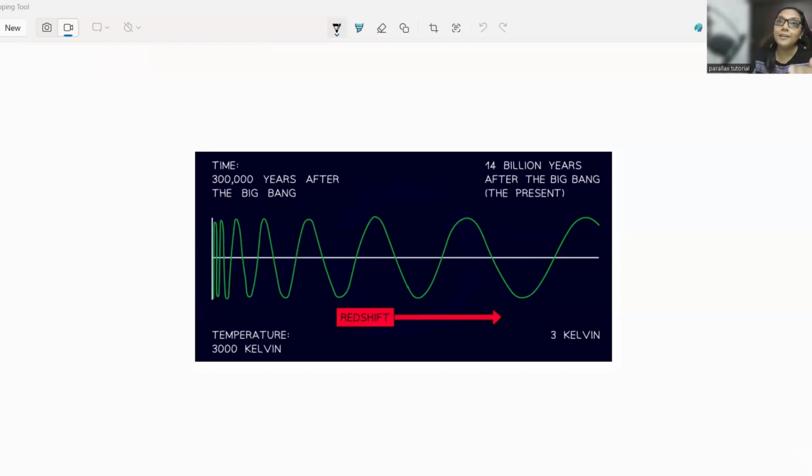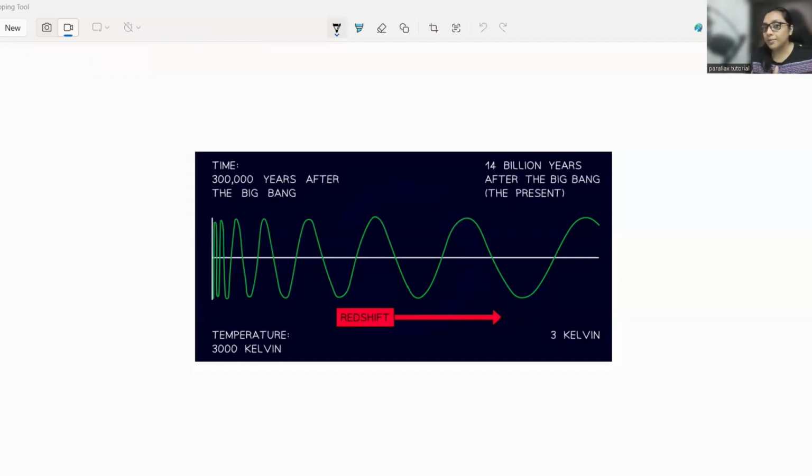Over 14 billion years, there has been a red shift, and due to this red shift the wavelength has increased, and therefore it is now in the microwave region of the spectrum. I hope this made some sense.